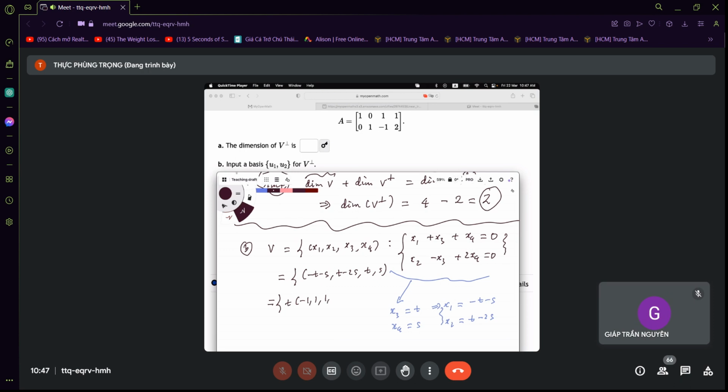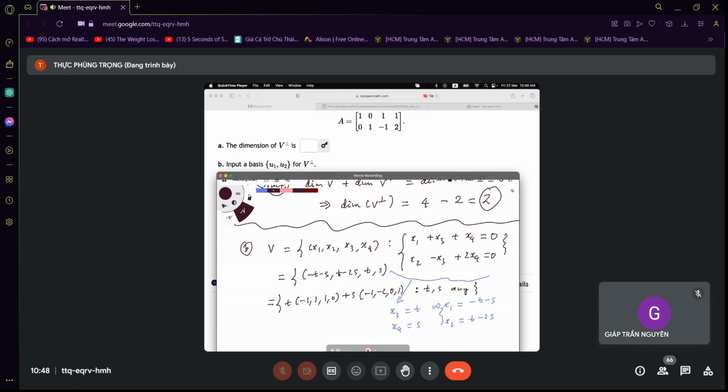We get this, right? Do you see that we can write from here to here? They are the same, but the way we write it in here is for getting a basis for V. So we take T out, so we had negative 1, 1, 1, and 0. We had no T in here, so we had 0.